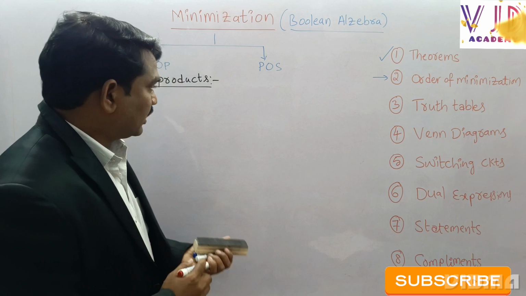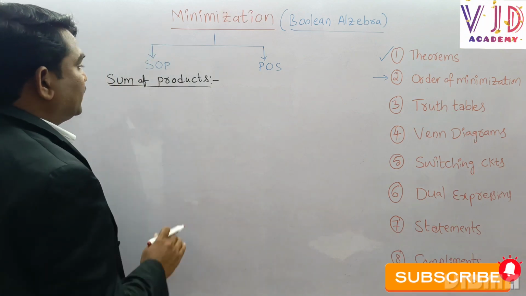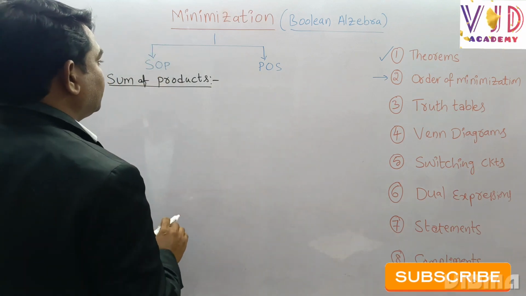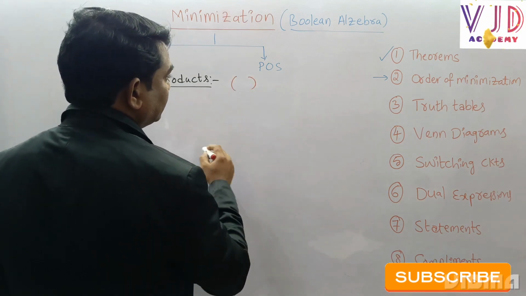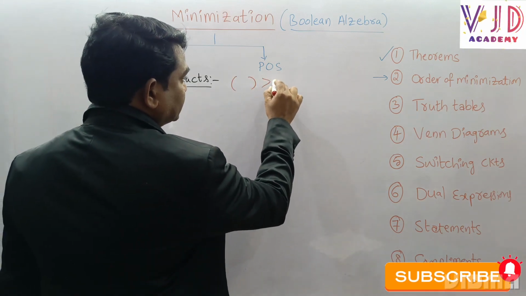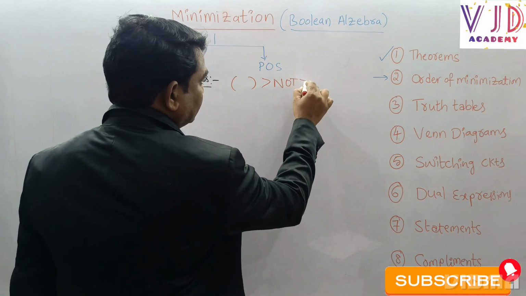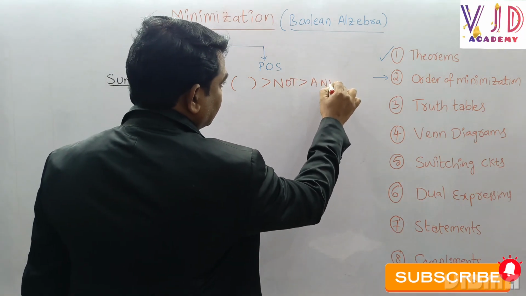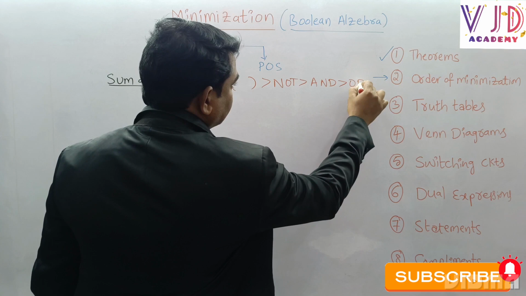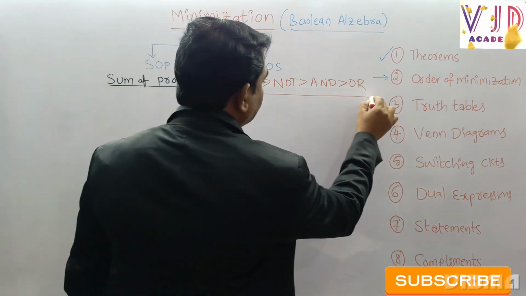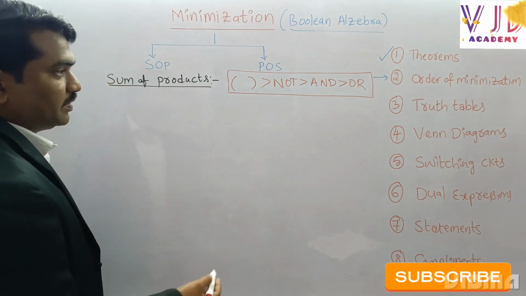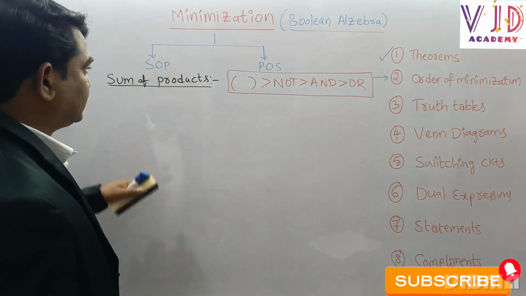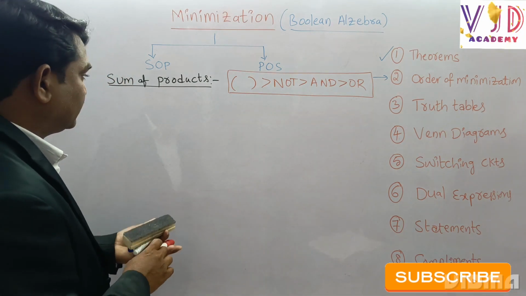I told you already the order of minimization when we are dealing with SOP. The order is: first bracket, then NOT gate, then AND gate, and finally OR gate. Based upon this order, let us take one example and understand the SOP form minimization process.